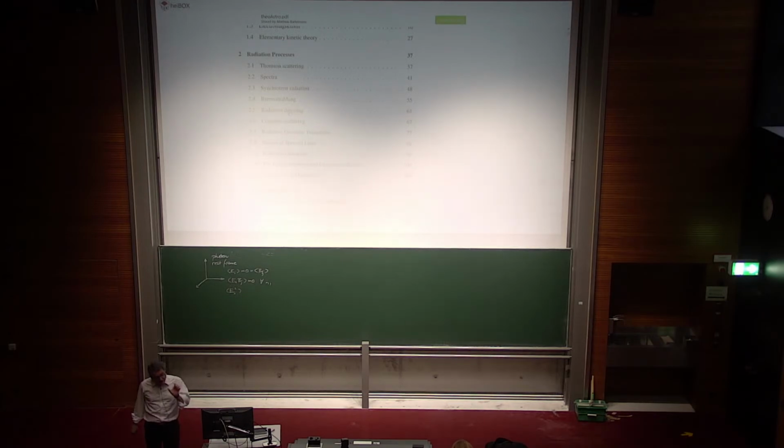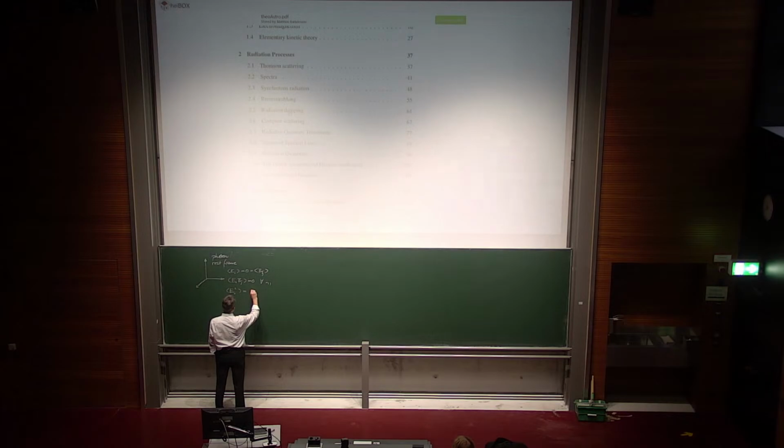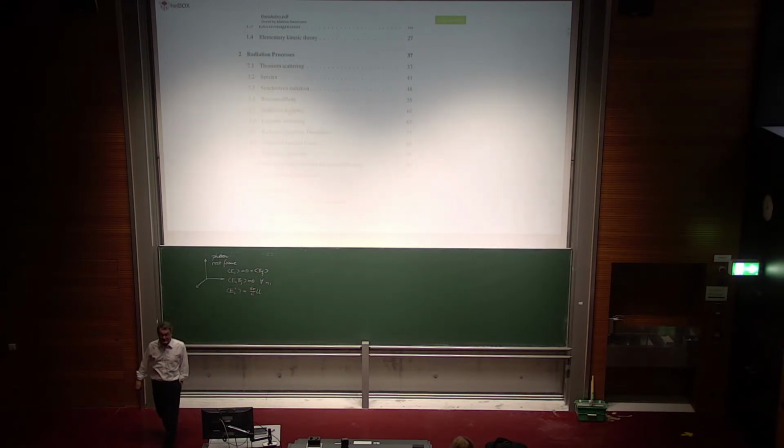What I cannot discuss away is that the averaged squared electric field components must add up to the complete energy density. So this is going to be 4 pi over c times the energy density in the electromagnetic field.